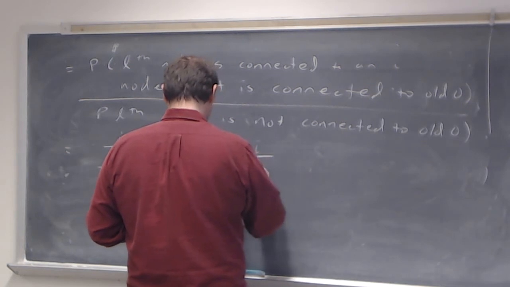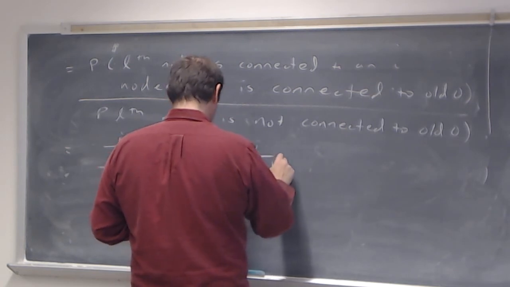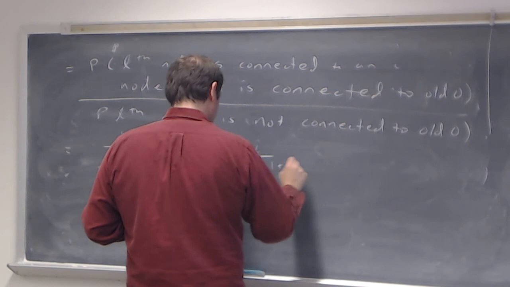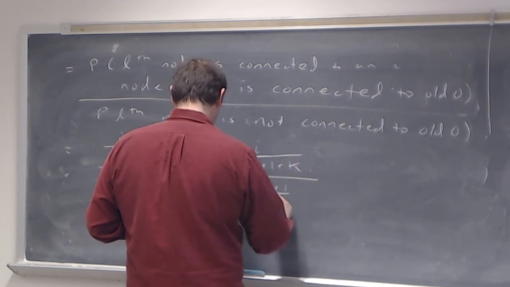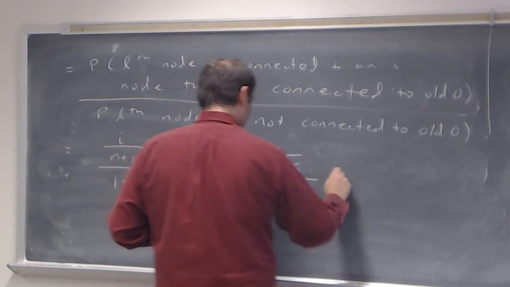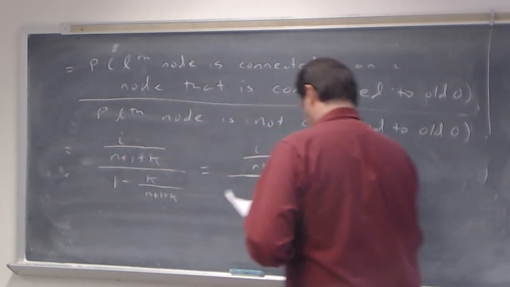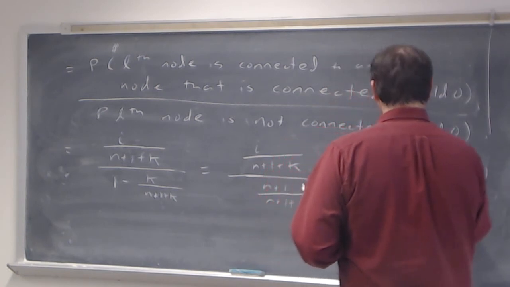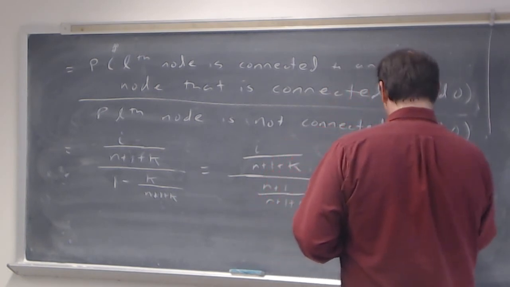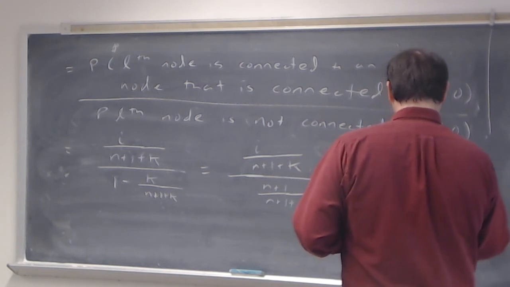So it's i over n plus 1 plus k, all over n plus 1 over n plus 1 plus k. I'm doing some of the algebra here. That's equal to i over n plus 1, which can be thought of as i over n plus 1 minus i plus i.